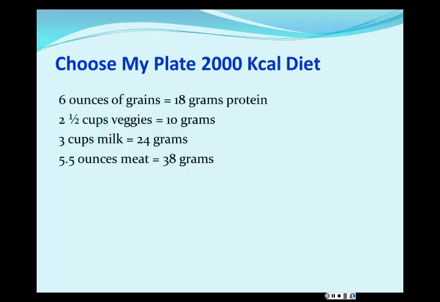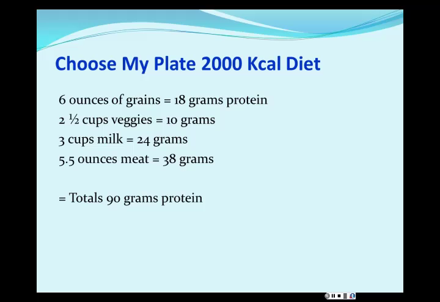If we're looking at the new MyPlate guide, based on a 2,000 calorie diet, we're looking at all of the food groups and getting our servings of each. We're getting protein from a lot of those different categories. 6 servings of grains a day gives us about 18 grams of protein. About 2.5 cups of veggies gives us 10 grams. 3 cups of milk is about 24 grams. 5.5 ounces of meat is 38 grams.